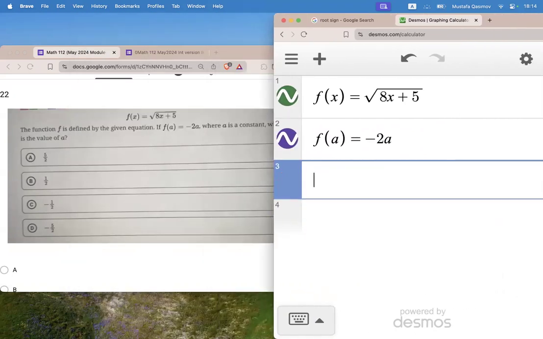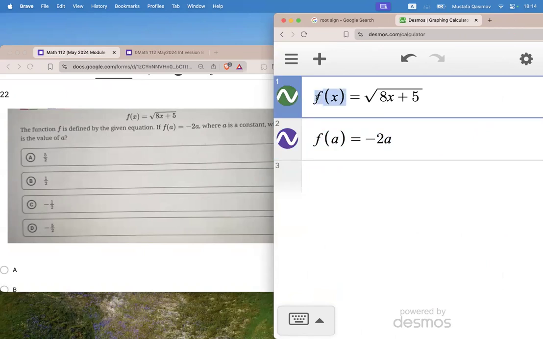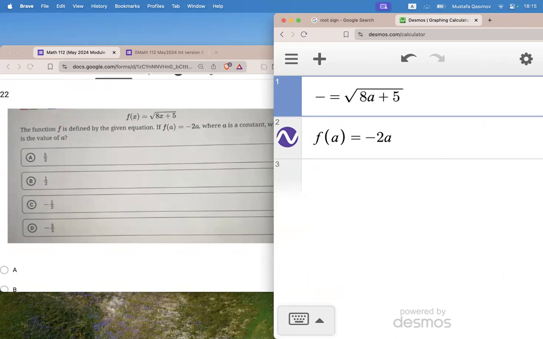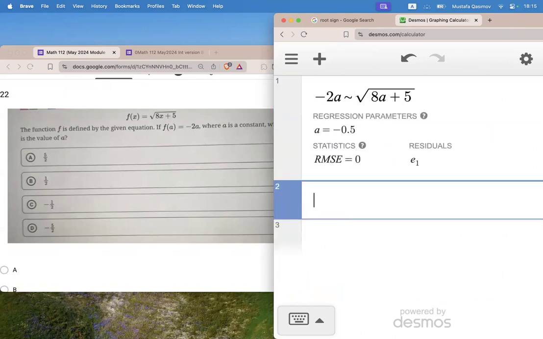If you want to get the answer directly, you can put this one here. It is 2a. Okay, x is a, right? And we know that f of a is equal to negative 2a. Then put this in, and you will also get a is equal to negative 0.5. Answer is C.